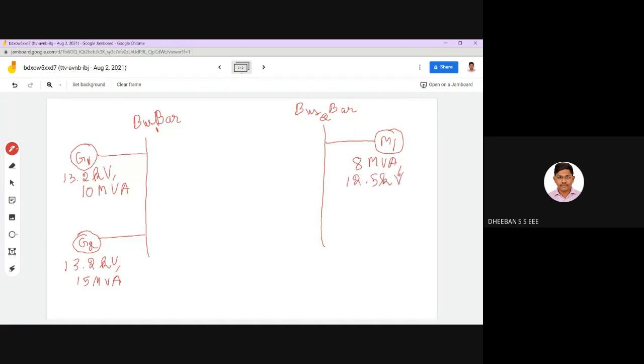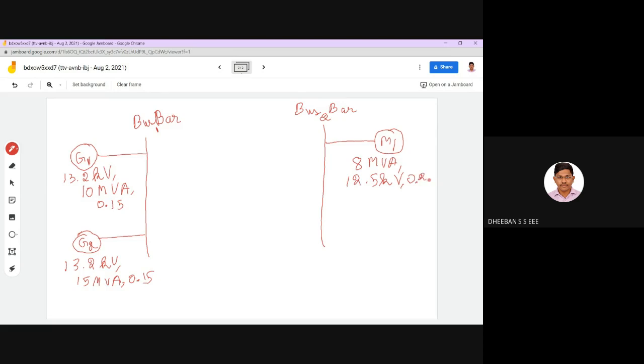Over here they have also given your reactance. For the generators, the reactance is 0.15 for both, and for the motor it is 0.2.